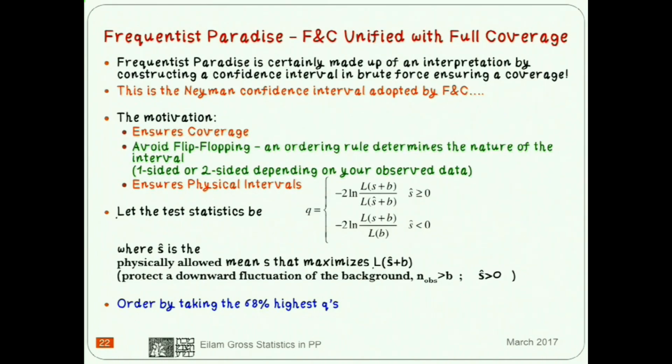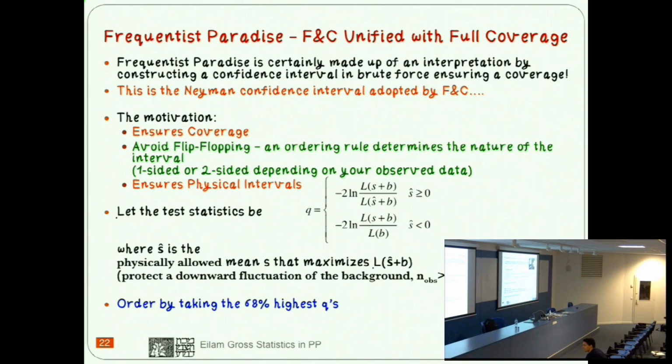So they decided that maybe we let the data decide for us, let the data, the observation decide for us objectively, not based on our feeling, if we do a limit or a two-sided measurement. Already yesterday we saw that they didn't invent anything because it exists already in the Neyman construction.